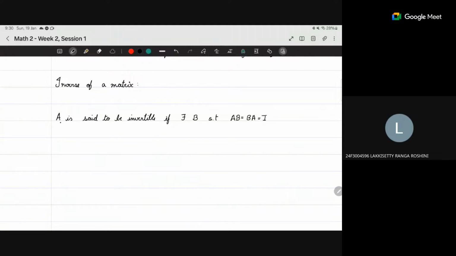So here this could be n cross n. Then you need to have B to be n cross n itself, and this is identity of order n. Correct? Now, in this case B will be denoted by A inverse for obvious reasons.